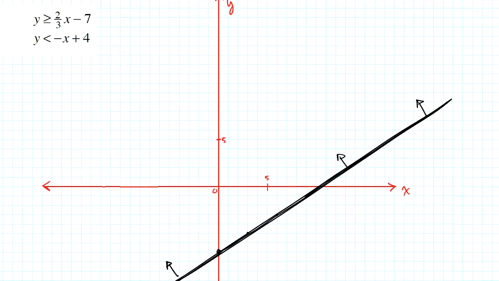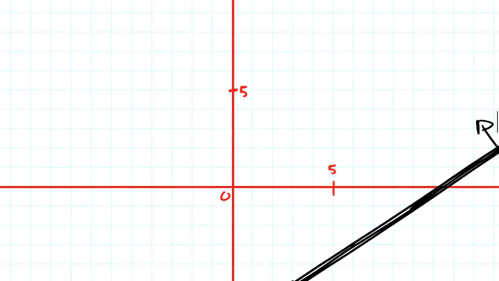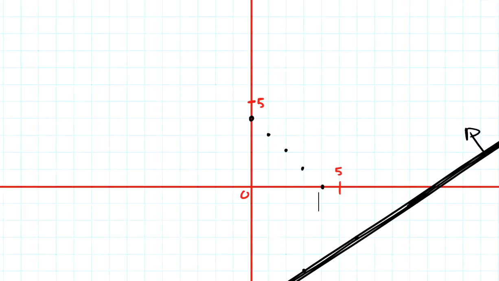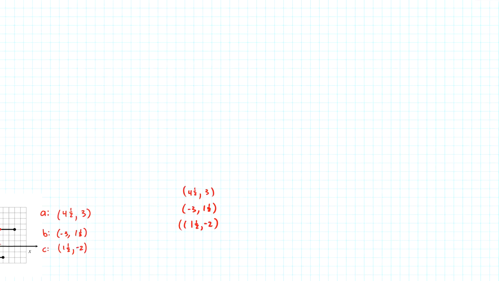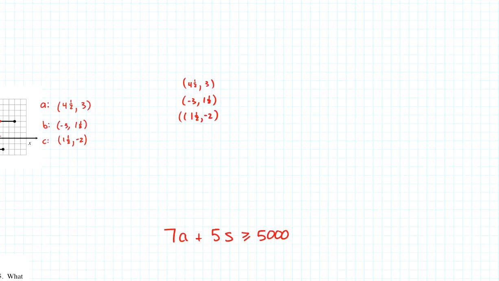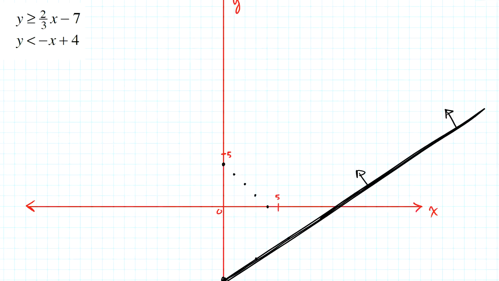Our next curve has a y-intercept at +4. Let me zoom in a little bit. And it has a slope of -1. So from here, we're going to go down 1 over 1, down 1 to the right 1, down 1 to the right 1, etc. And this particular boundary line is not solid. It's dashed because it says that y's are less than the curve.